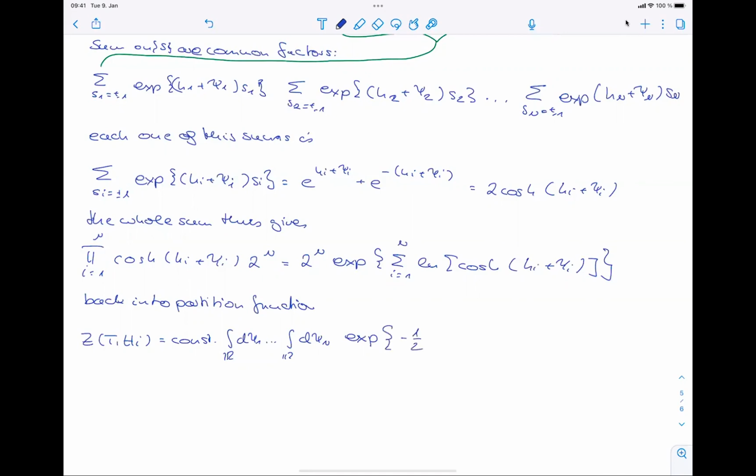And so I have exp of minus a half sum over ij psi_i (K_ij minus 1) psi_j, plus a sum over i of ln cosh of h_i plus psi_i. And another curly bracket.